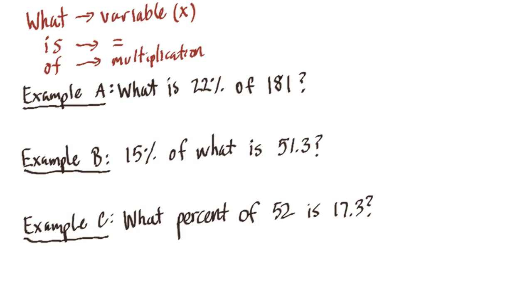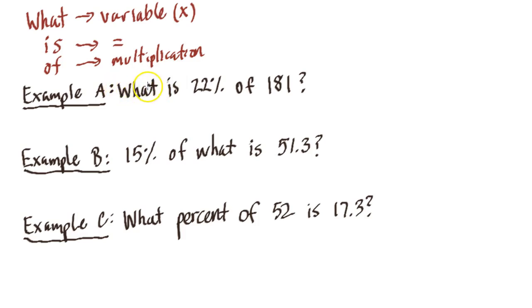Example A is, what is 22% of 181? Now, this is something that you may ask someone. It's just regular English, and it should make some sense. What is 22% of 181? I mean, you may not have asked this before, but it's a well-structured English statement or question.